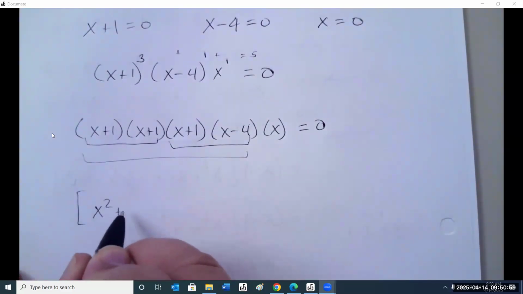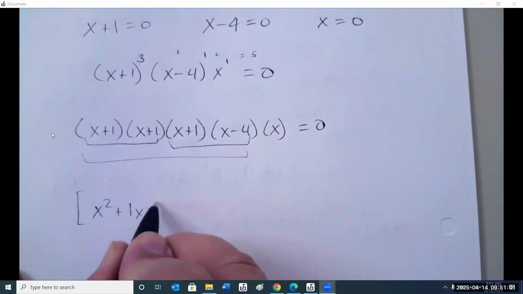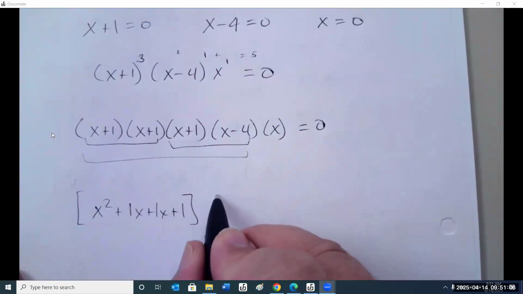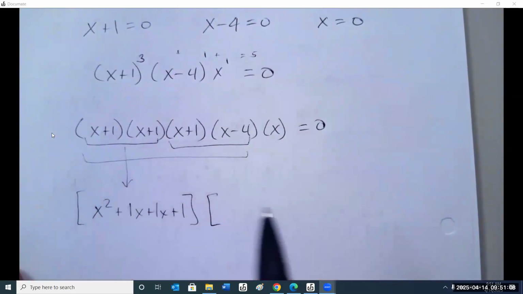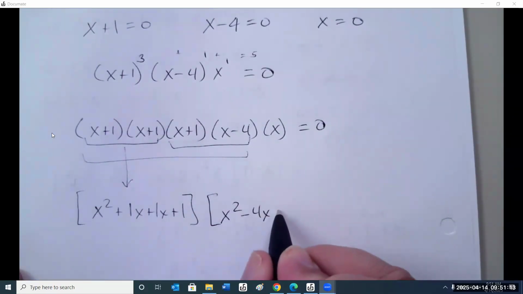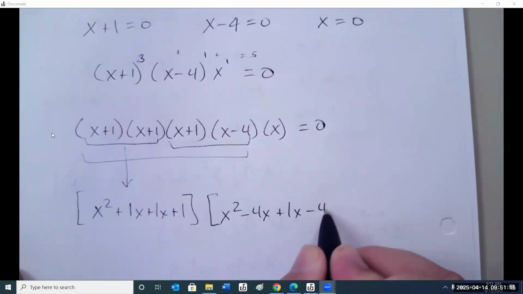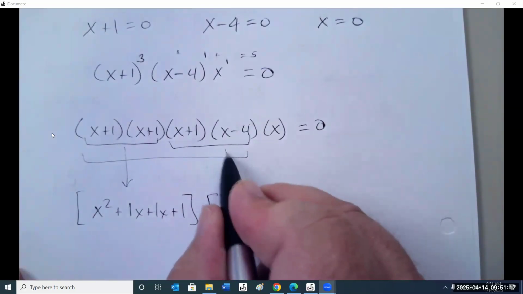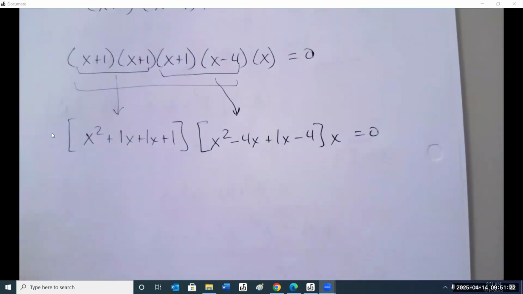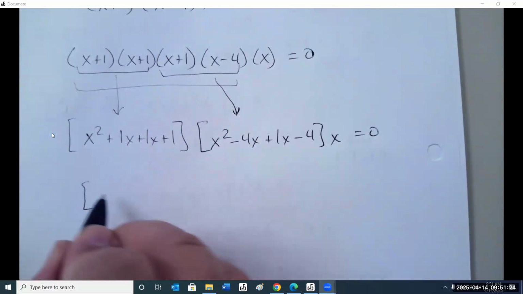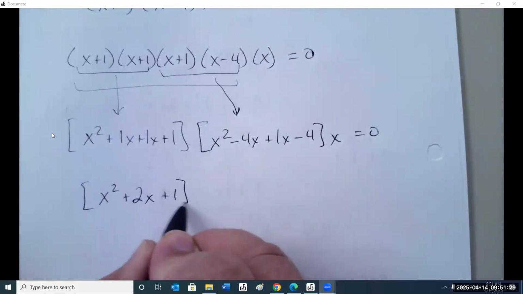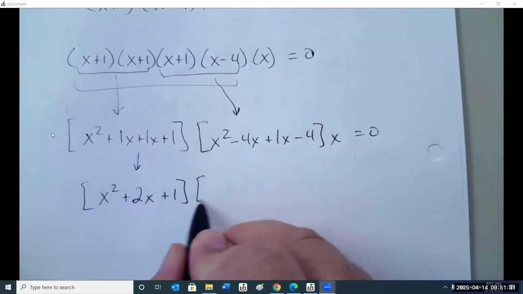We have x squared plus 1x plus 1x plus 1. That's this one. And this next one is going to be x squared minus 4x plus 1x minus 4. That's that. Combine like terms.